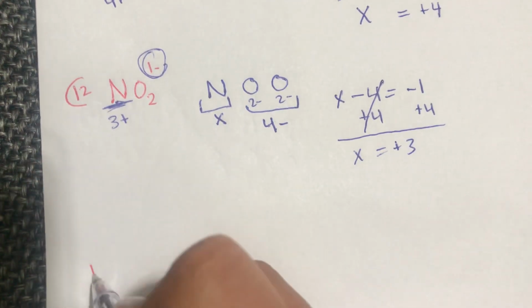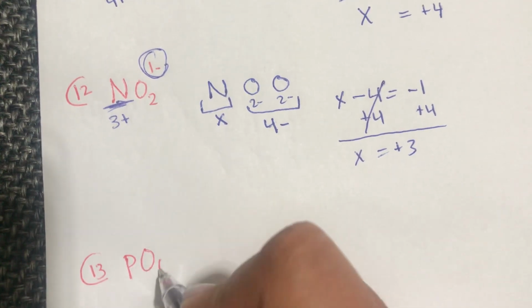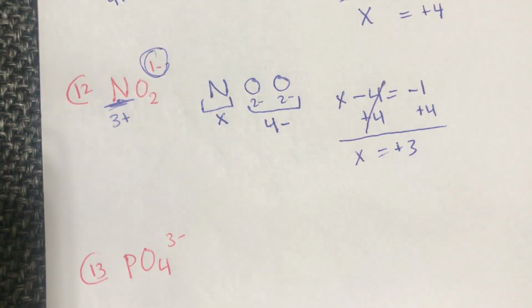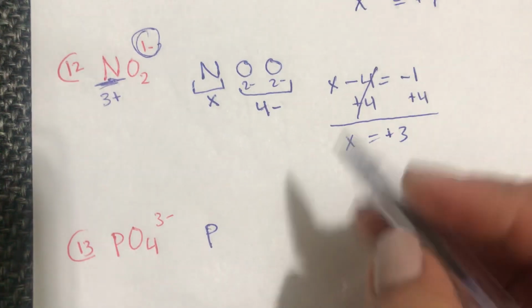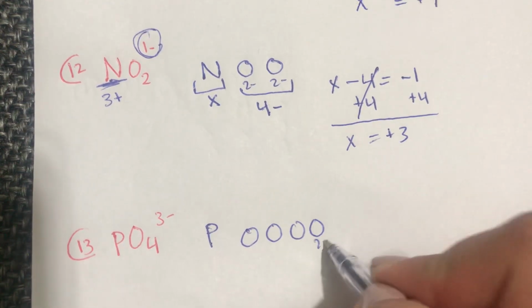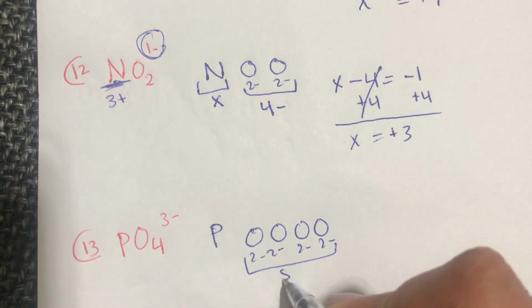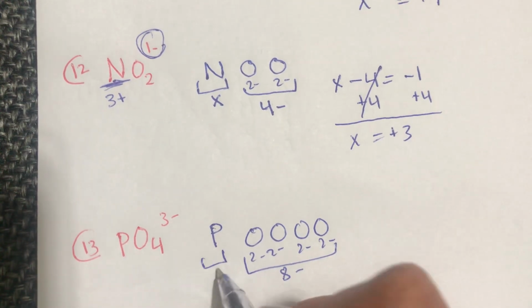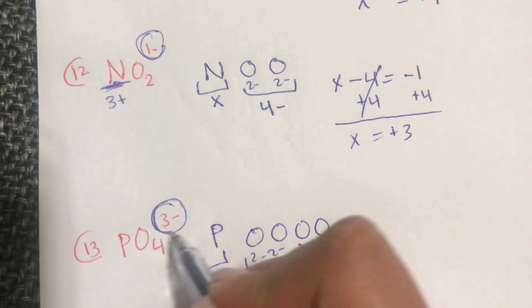The last example, phosphate group. You have 1 phosphorus atom and 4 oxygen atoms. Each carries -2. So the total is -8. So what is the oxidation number of phosphorus? It's an ion.